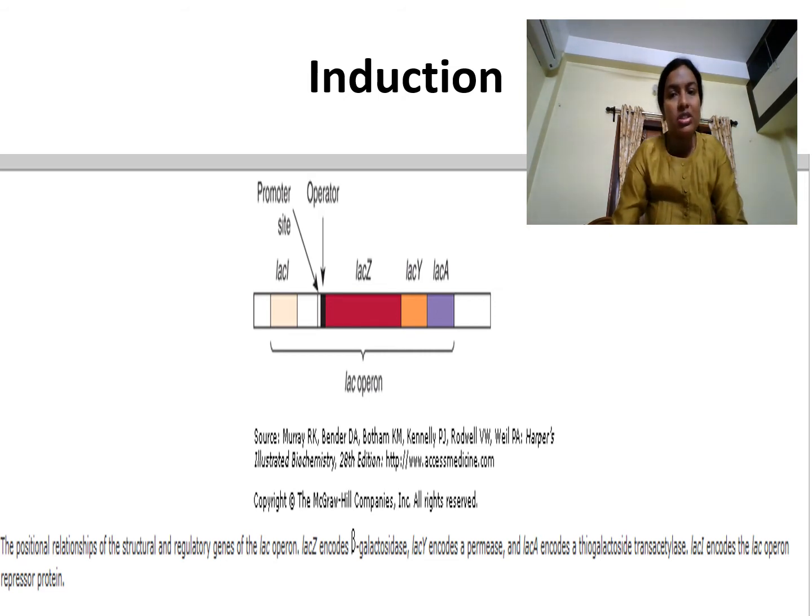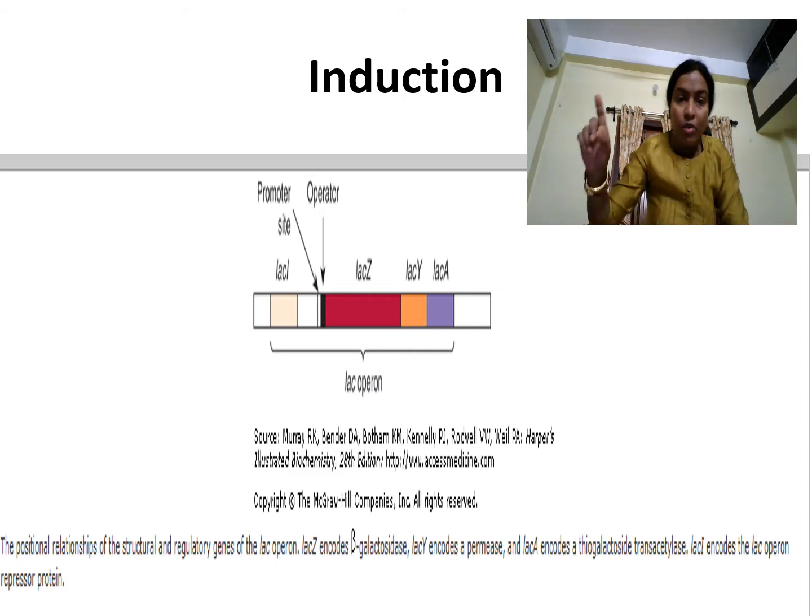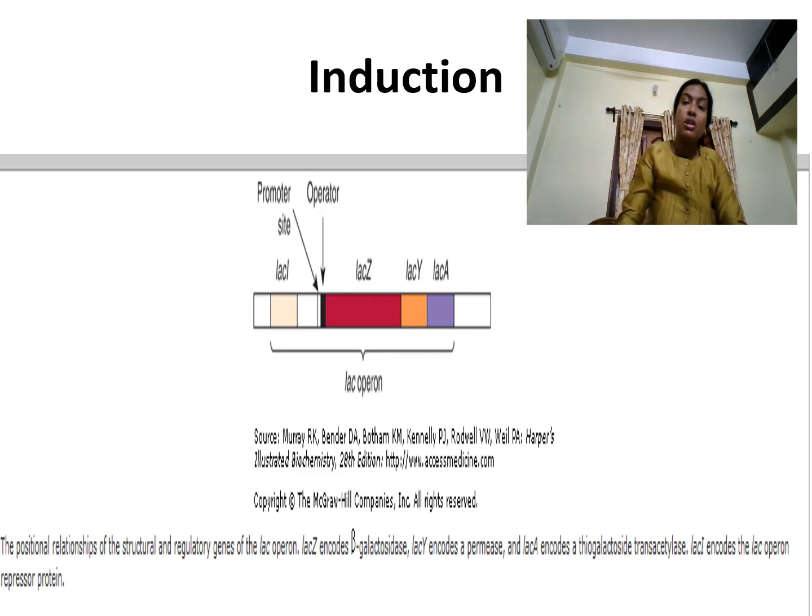And here students, you can see the other portion, that is our operator site and the promoter site. In the promoter site, usually the RNA polymerase binds, and lac I is the regulatory portion. So in the DNA there is a regulatory portion, a promoter portion, and an operator portion, and downstream to it, the structural genes are present.